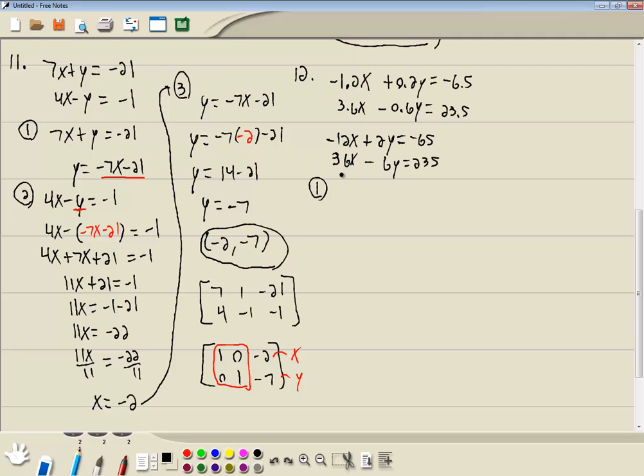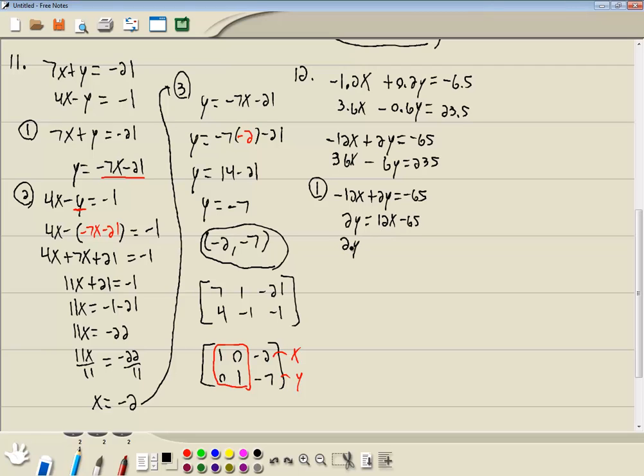Okay, substitution. Solve one of the equations for one of the variables. Pick the first one. So I got negative 12x plus 2y is equal to negative 65. I'm going to solve it for y. So I take negative 12x to the right side. So we got 2y is equal to 12x minus 65.